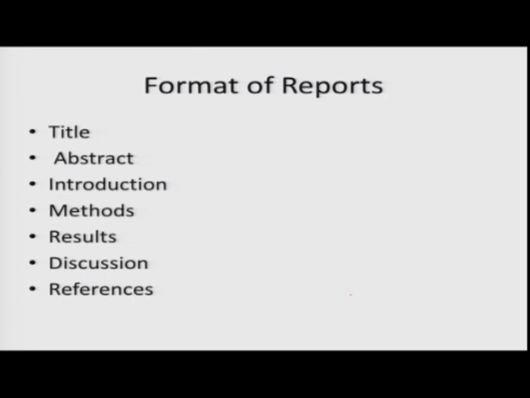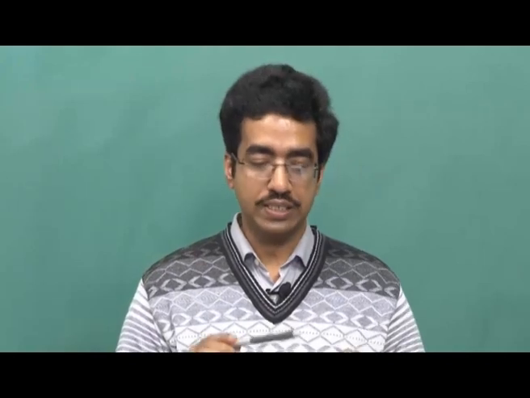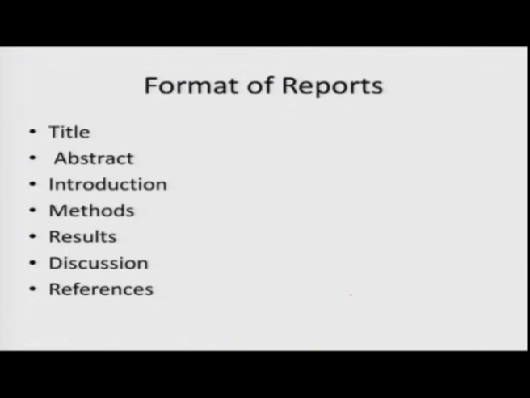Some organizations have their own specific format, but this is a general format we are looking at. A report has a title, an abstract, an introduction section, methods, research methodology, results, discussion and references.